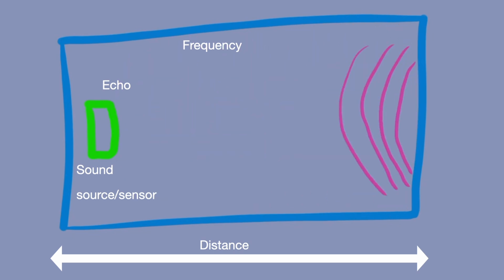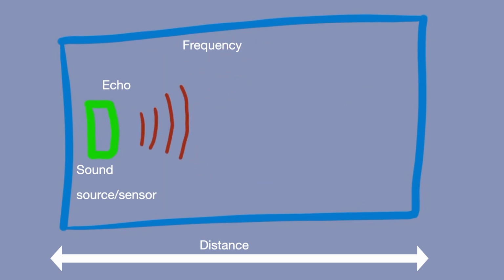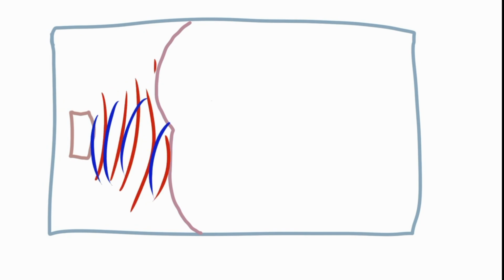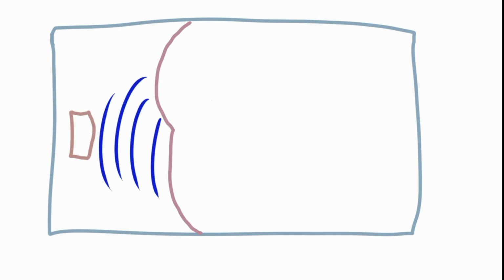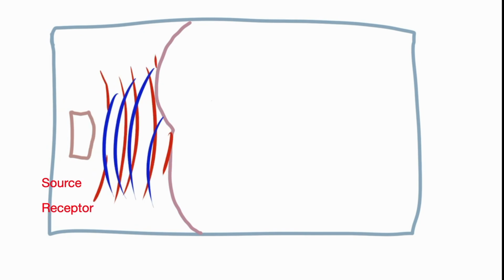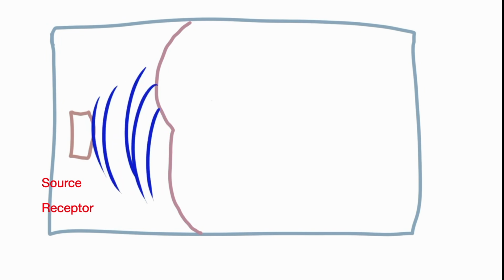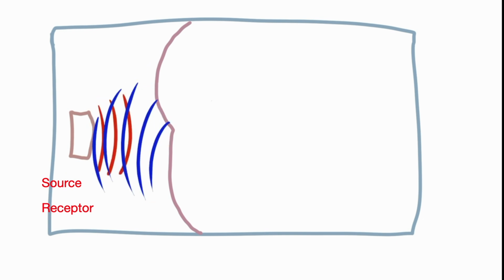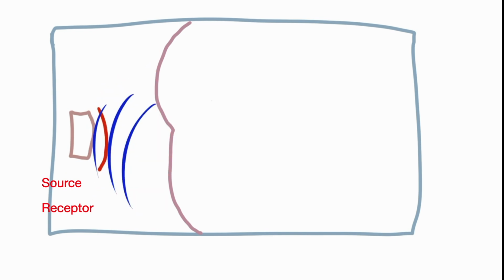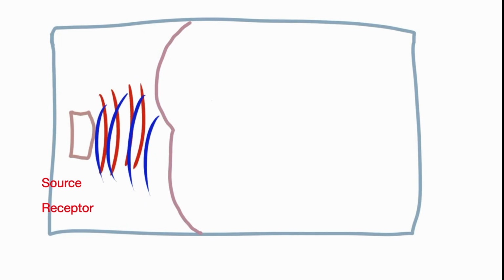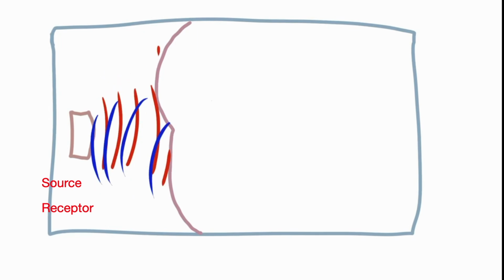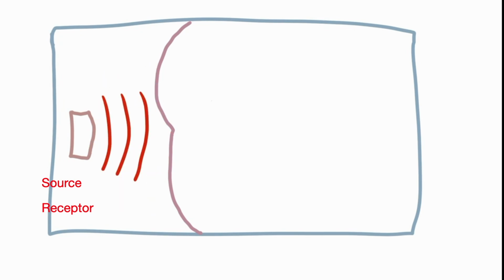Now, let's say that we don't have all these 50 meters of distance, and now we cut it short. So now we have again our source of sound and receptor. And you can see that at some point, because of the frequency of the emitted sound, there is a moment that the sounds basically clash together.